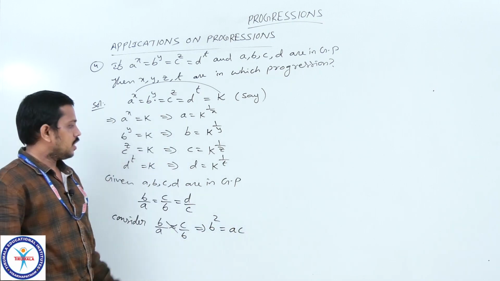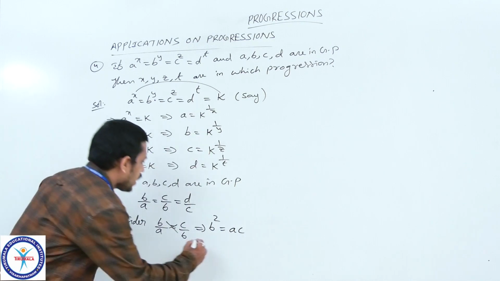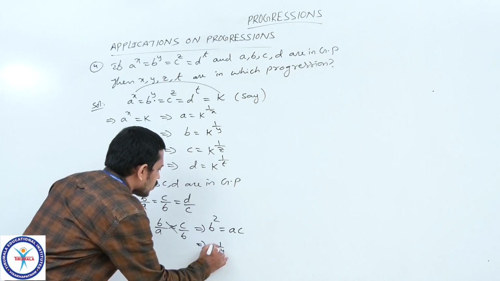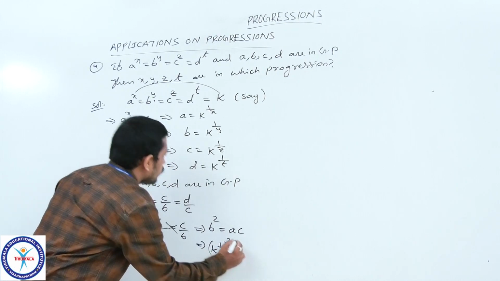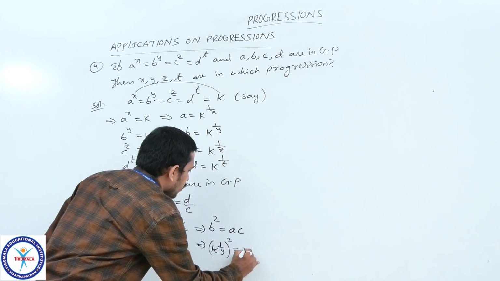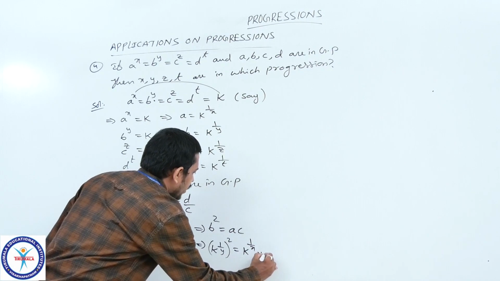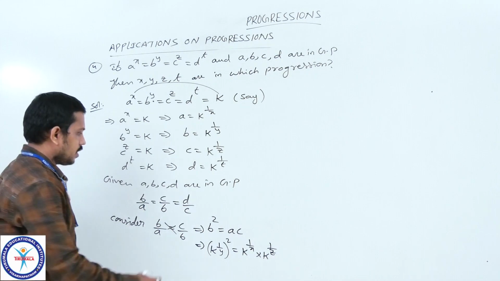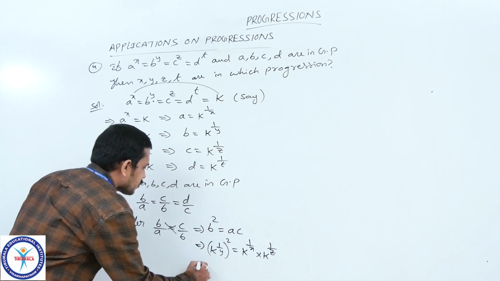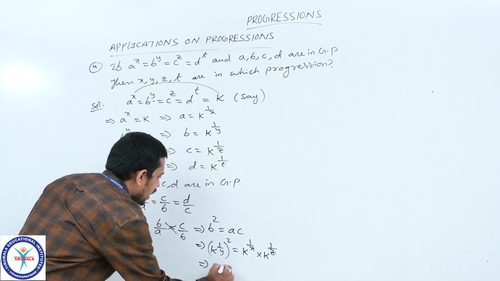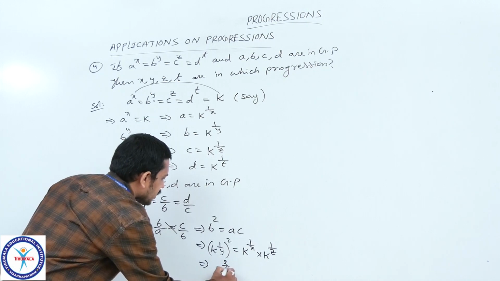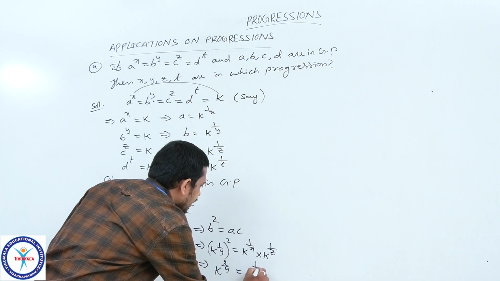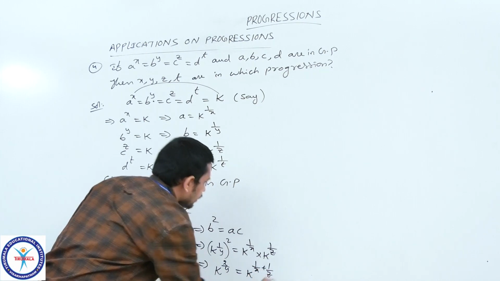Here what is b? k^(1/y) whole squared is equal to what is a? k^(1/x) into what is c? k^(1/z). (a^m)^n = a^(mn). So k^(2/y) = k^(1/x + 1/z).